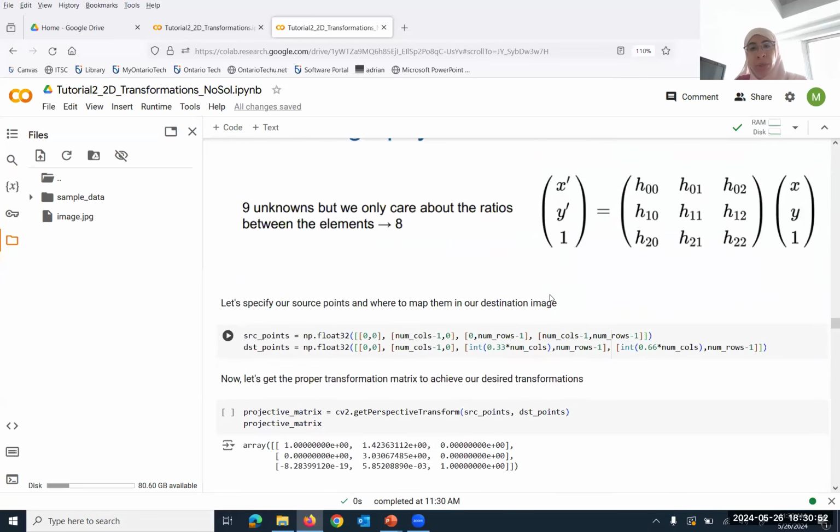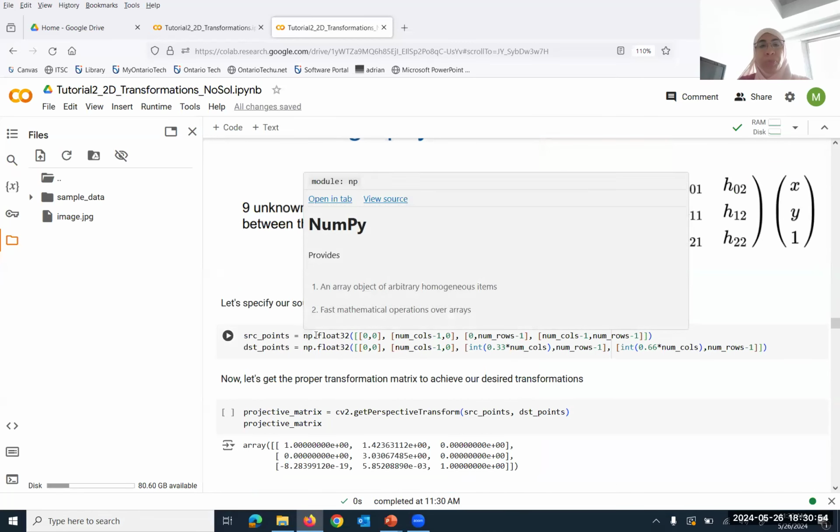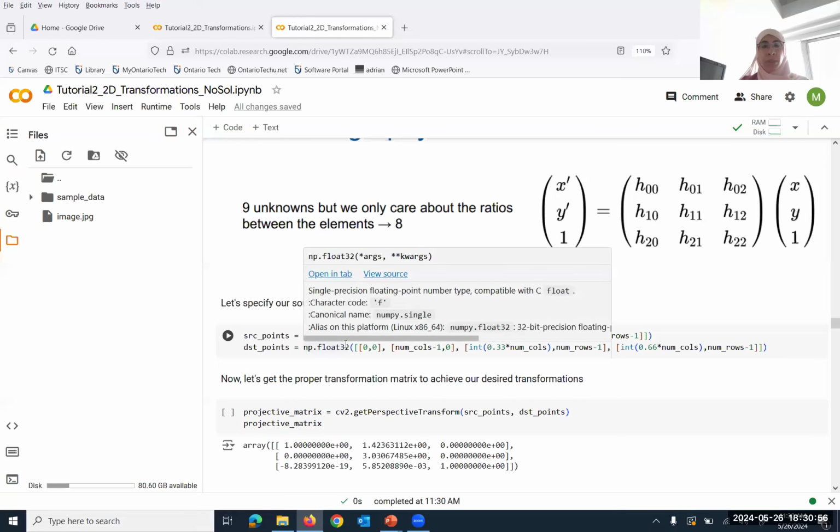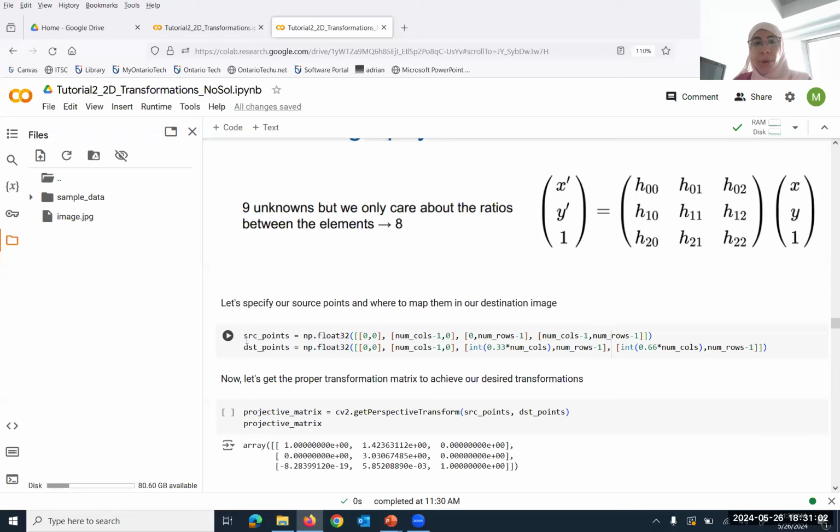Now continuing on the homography. I want to show you how it becomes a transformation from one 2D plane to another 2D plane. Remember, homography is 8 degrees of freedom, so we need to define at least 4 points. We cannot just use 3 points. So we're going to use the 4 corners of the image and then transform.